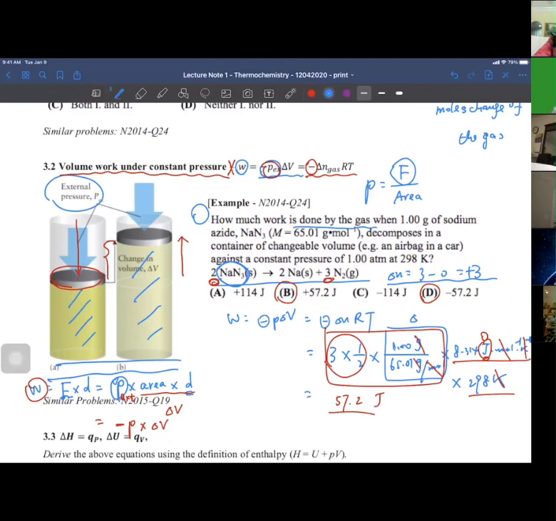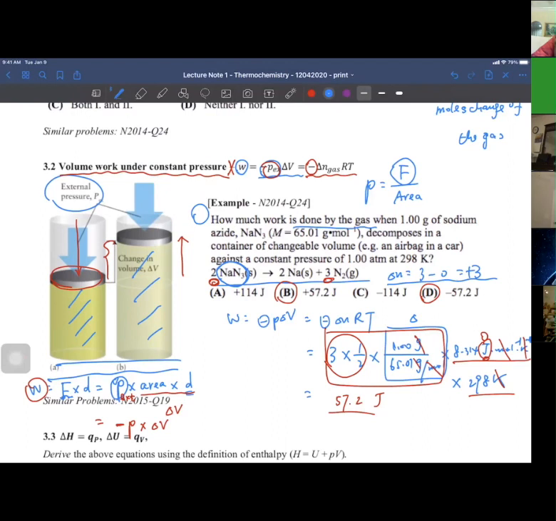This is tricky. It's an expansion. So based on our discussion, the work is negative or should be negative. But the wording here is very interesting. It's asking how much work is done by the gas. So the answer is B, because this is exactly the work done by the gas, although the system loses energy because the gas did the work, right?